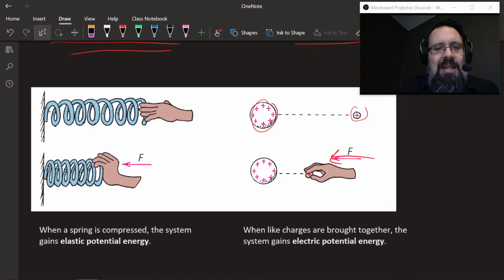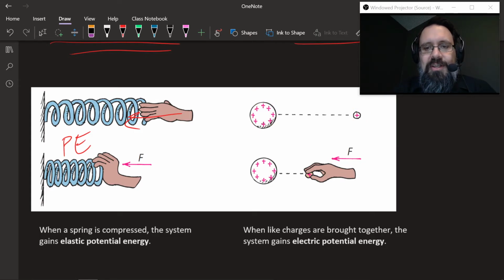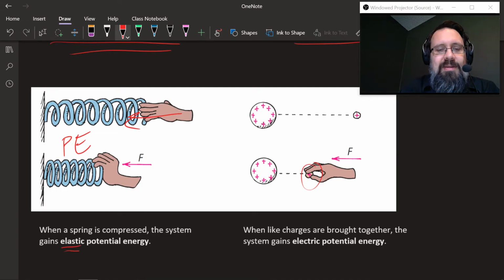If you push in the end of a spring and release it, it'll bounce back, and that potential energy stored in the spring gets released as kinetic energy. It's a very similar effect with like charges. If I were to suddenly let go of this positive charge, it would go flying away, just like the spring would uncoil. We say that when you compress a spring, the system gains elastic potential energy.